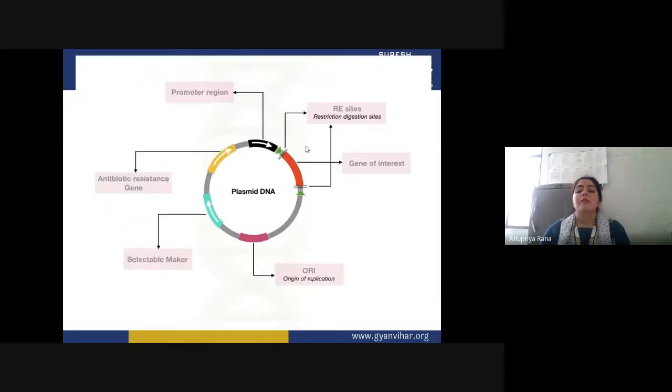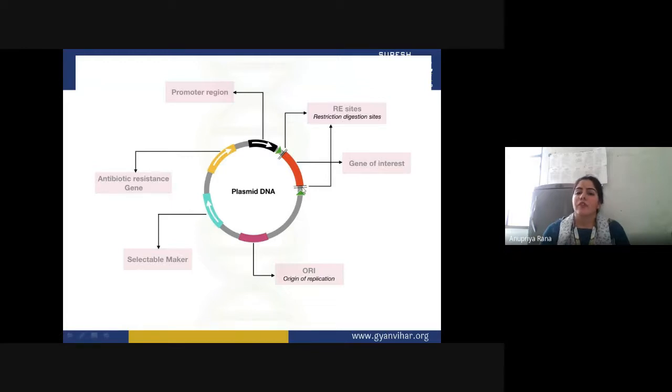Now, this is the kind of structure which is seen when we are constructing the vector. You can see several sites here. If we start from the restriction endonuclease site or restriction digestion site, they are very important to digest, to insert, or to transfer any segment of a particular vector.